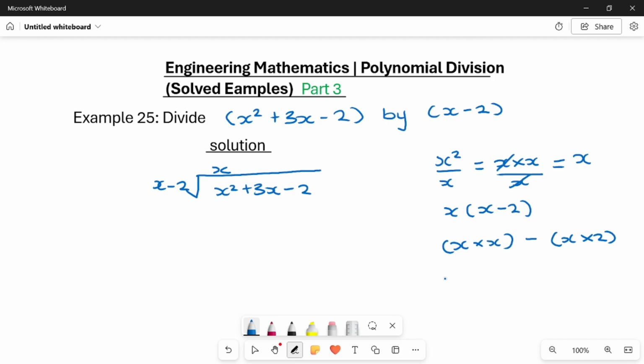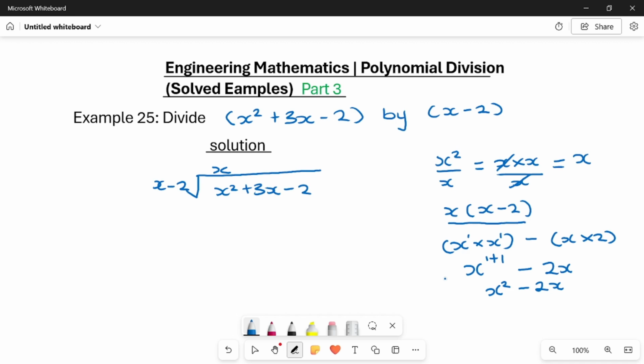Remember, from our previous video, when multiplying the same base, you simply add their powers, and the power here is 1 and 1. So it's x raised to power 1 plus 1 minus x times 2, which is 2x. So x raised to power 1 plus 1 will simply give us x squared minus 2x. So this is what we'll get when we multiply x by x minus 2.